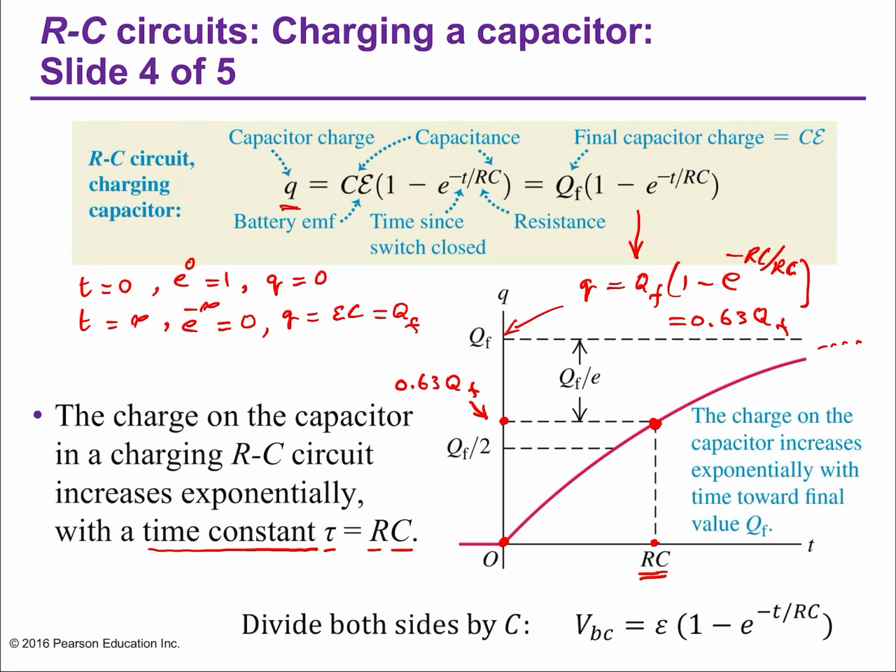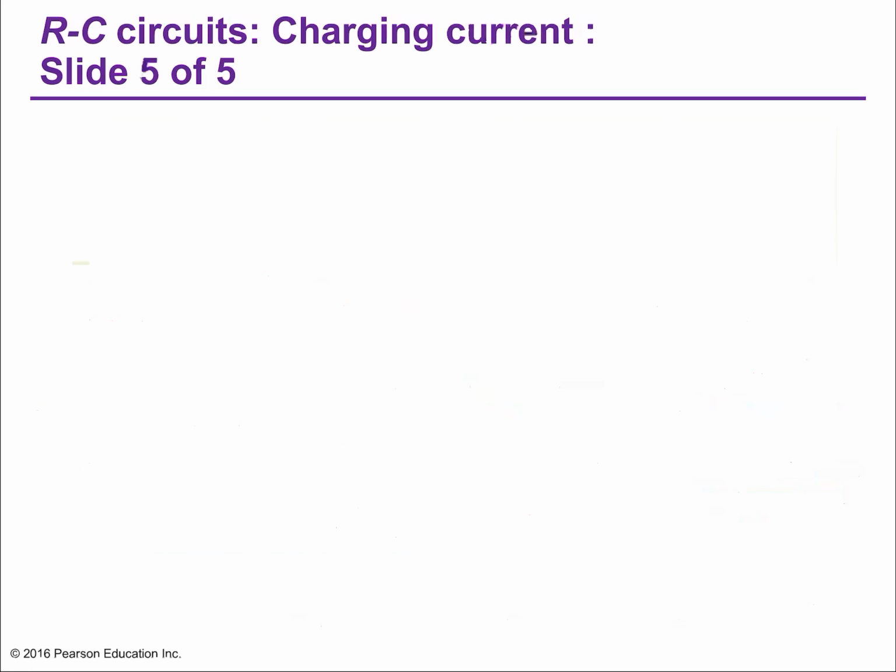All right, next thing we are interested to find out is how does the current change with time. So let's look at the charging current. We can start by using our equation for the charge and differentiating it with respect to time, and we get the current. I is dq by dt.